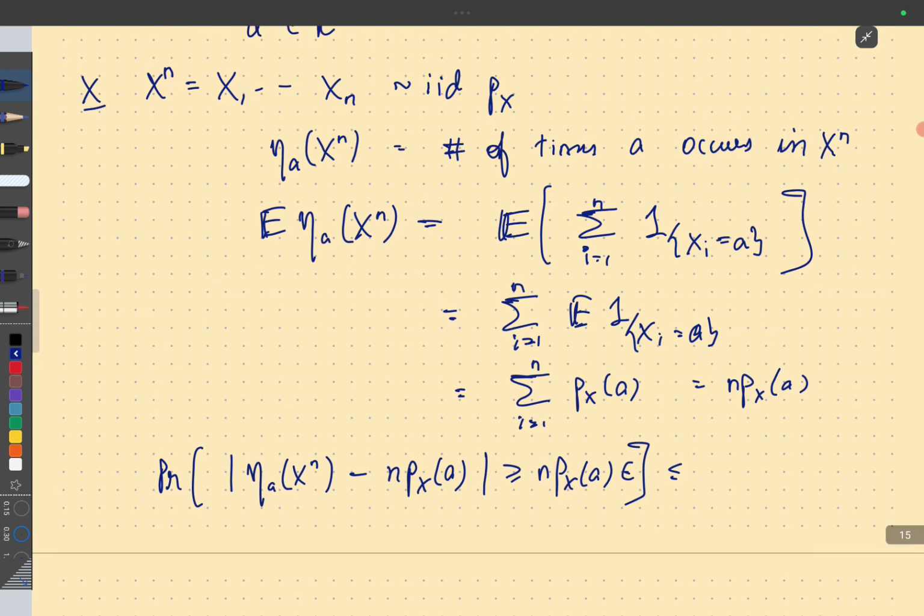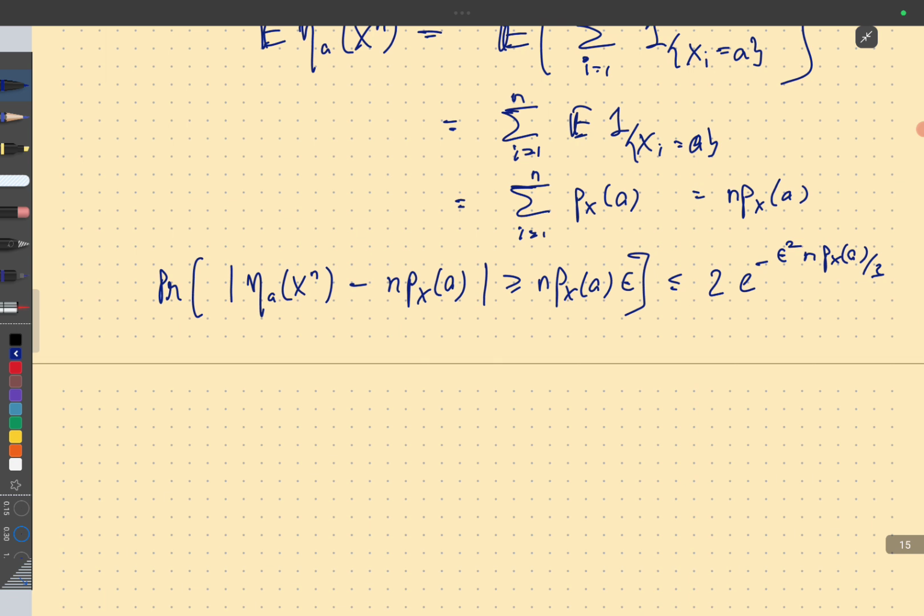Yep, 2 times e to the power minus epsilon square n times Px of A divided by 3. Right? Okay, so that's fine.